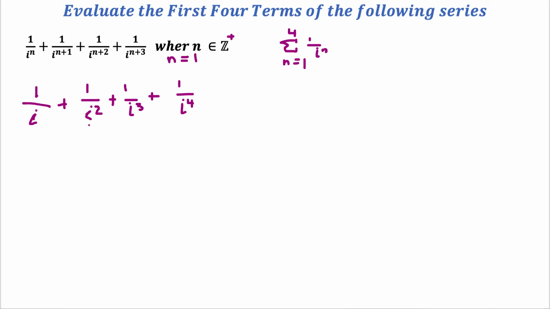And as we see here, the LCD for everything is i to the exponent 4, which is i times i to the exponent 2 times i to the exponent 3 times i to the exponent 4.